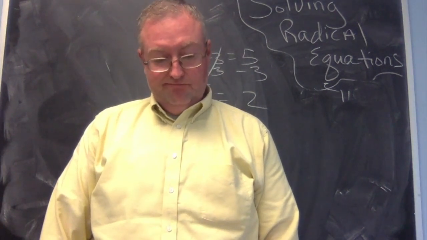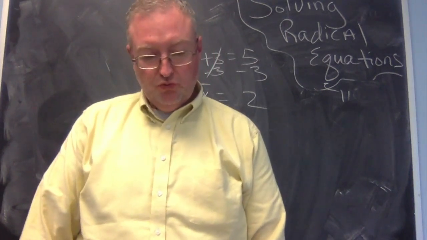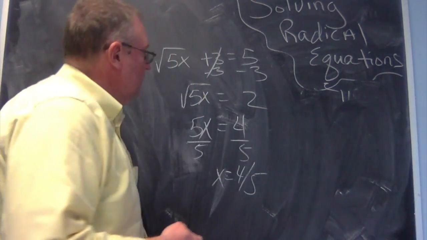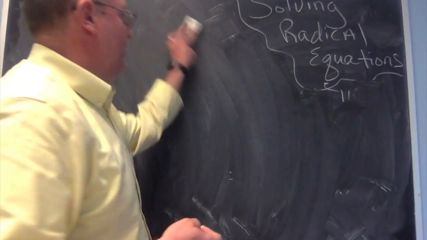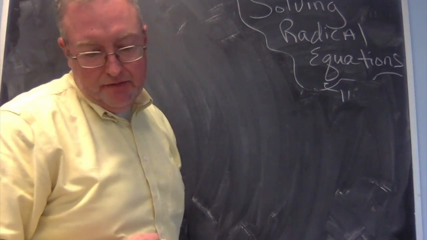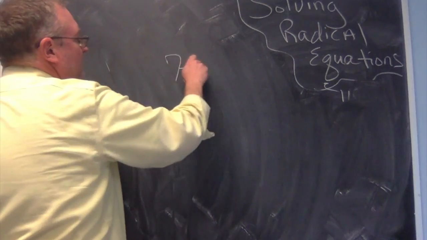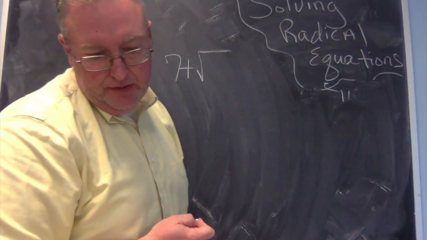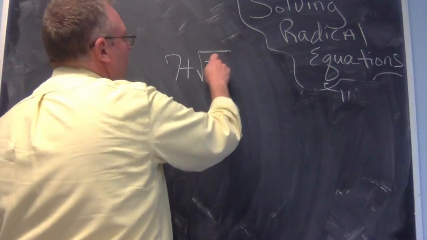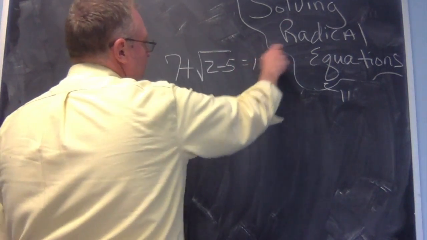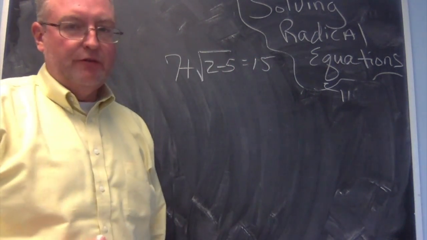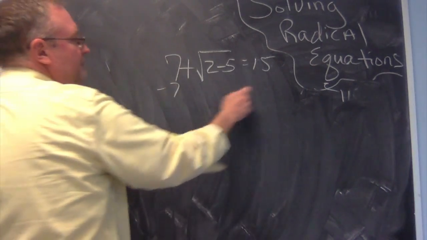Let's do number 12. Number 12, I'm just picking these randomly. Number 12 says 7 plus the square root of z minus 5 equals 15. Isolate the radical first. So I got to subtract the 7.